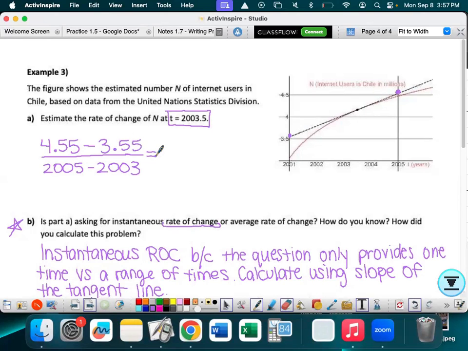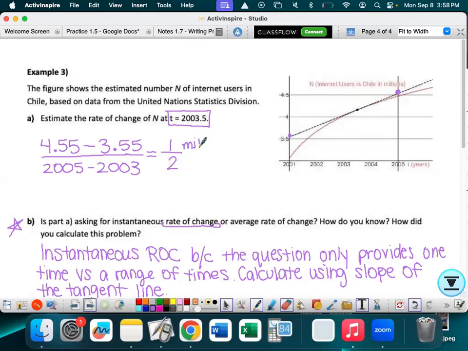So that would be basically 1 over the number of years 2. And our label for that would be... well, do we need to write that up in a sentence? No, we don't. It just says estimate. So our label for that would be the label for the numerator being the change in the number of users. So that would be millions of internet users.